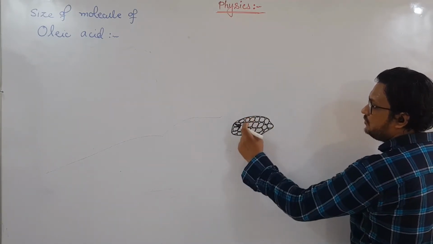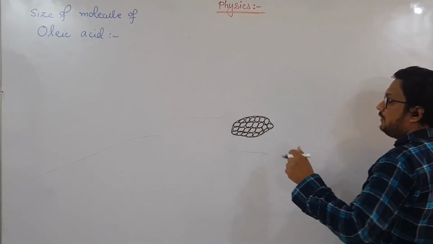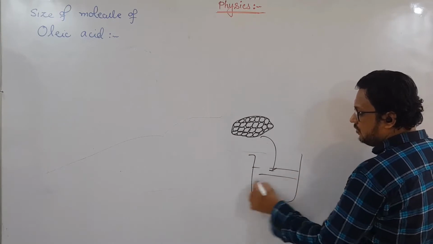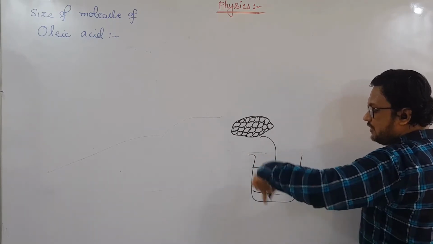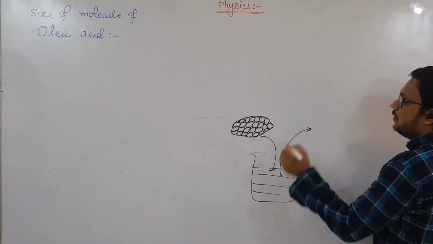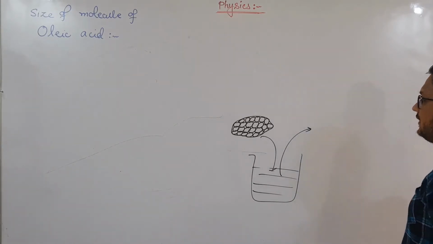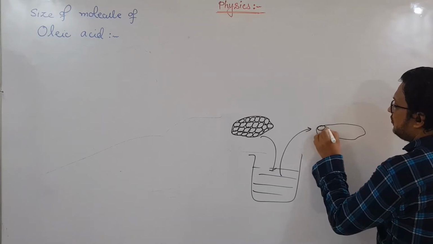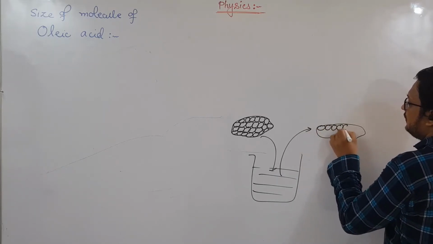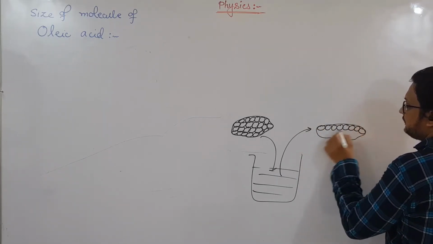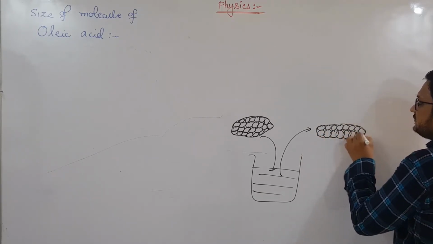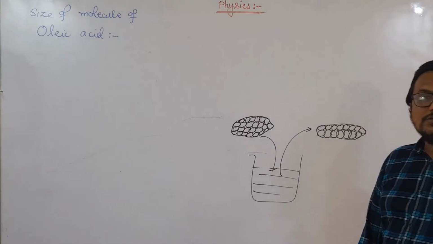So instead of 1, 2, 3, 4 layers, if this is the container in which I mix this honey, which already contains water, and I stir it properly and again take one spoon of this solution, then you will find that the molecules of honey have only, let us say, 2 layers. So instead of 4 layers of molecules, we are now getting 2 layers of molecules.